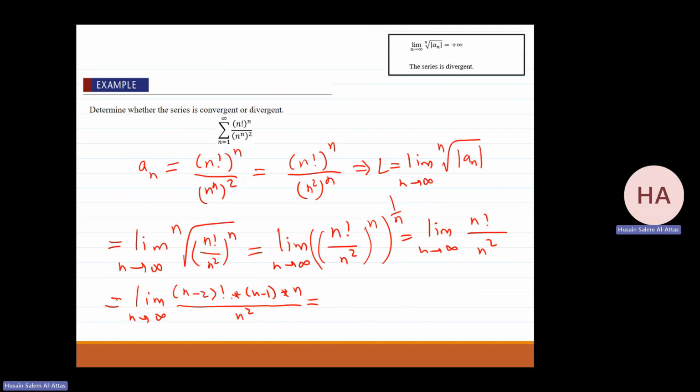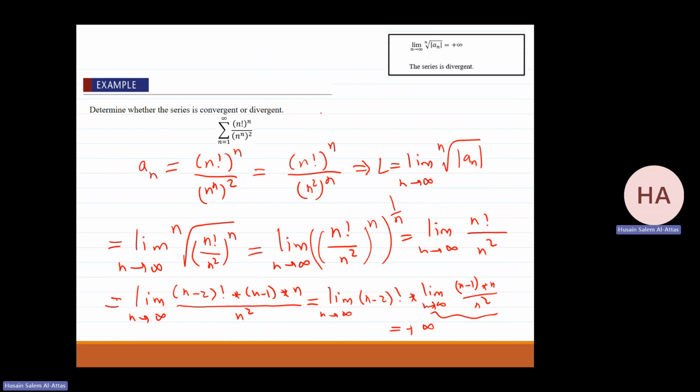So it will be the limit as n goes to infinity of (n minus 2) factorial times the limit of (n minus 1) times n over n squared. That is 1. This is infinity, so that will be plus infinity.